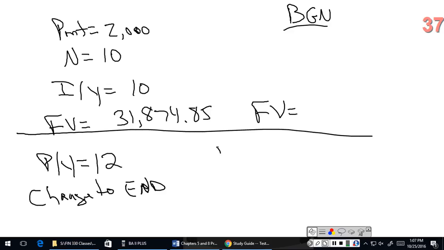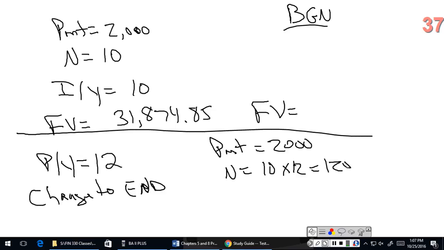And so for this one, the payment is going to be $2,000 per month. N is going to be 10 times 12, which is 120 monthly deposits, and the interest per year stays at 10%, and we want to know the future value.